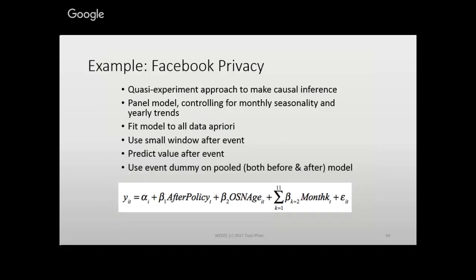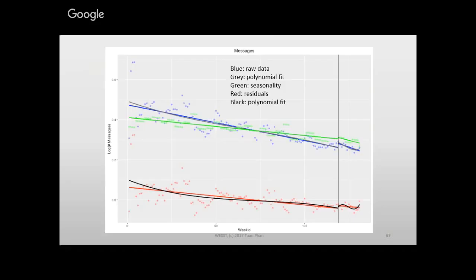We run a simple model without this variable, and then we get predicted values from the betas, and we subtract that from this y. Then what you have left is just the policy effect. I'll be happy to share the code and you can take a look. If you look at this, it's actually roughly hovering around 0.